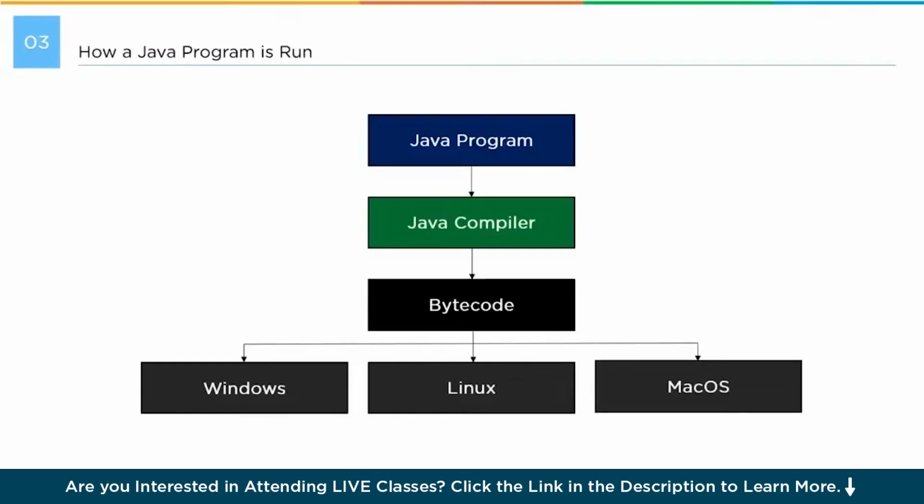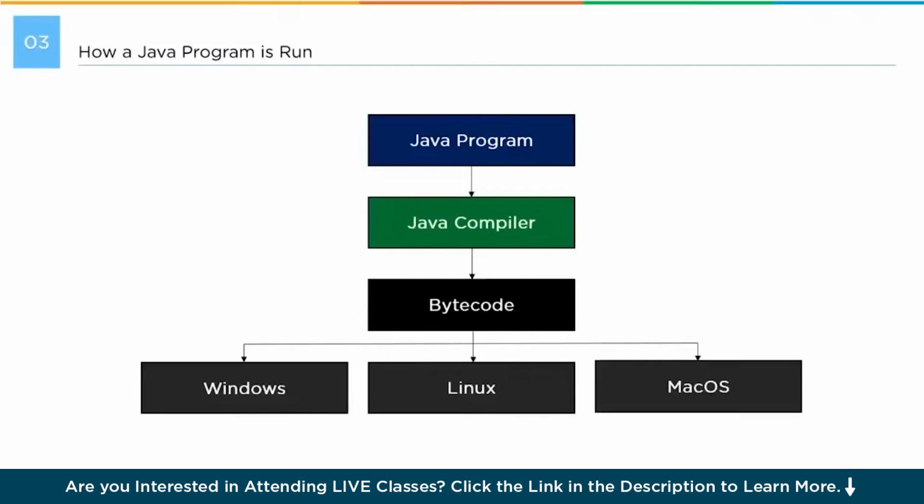To give you some more context, the first two steps, where you write your Java program and you compile your Java program, can be run on any machine. Let's take the example that you ran these two steps on a Windows machine. So you write your program and you compile your program on a Windows machine, which generated a .class file. Then you transported this .class file to a Linux machine and it also worked there.